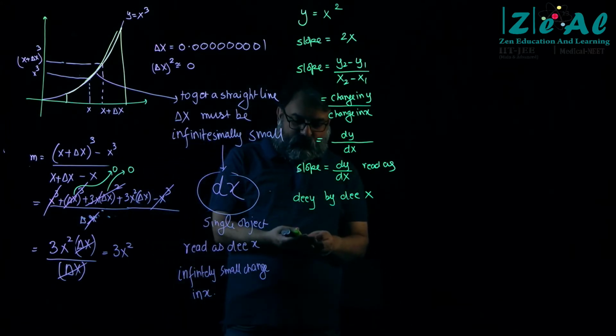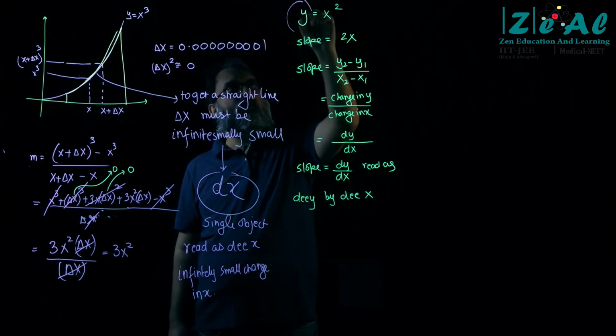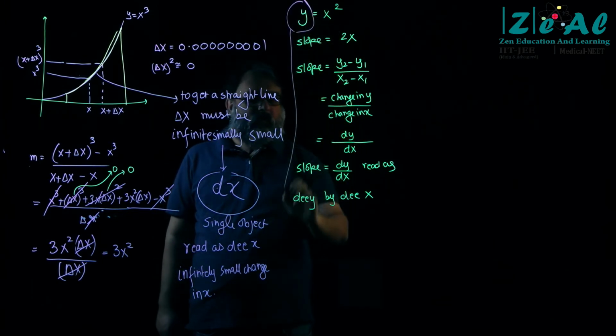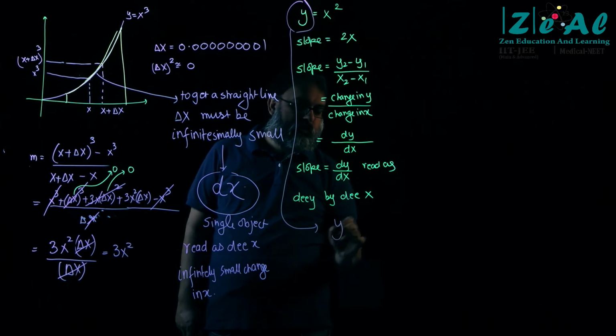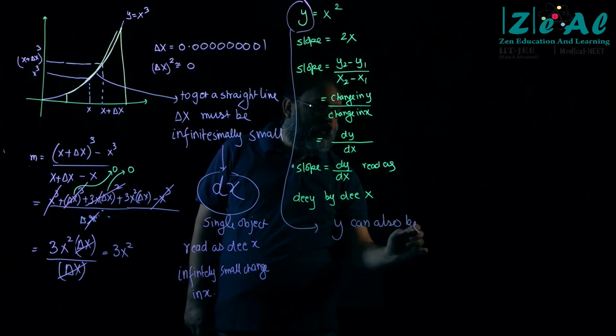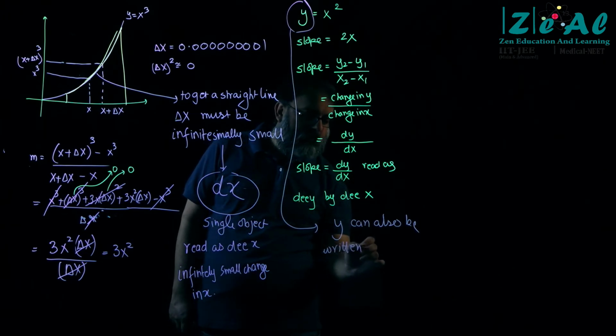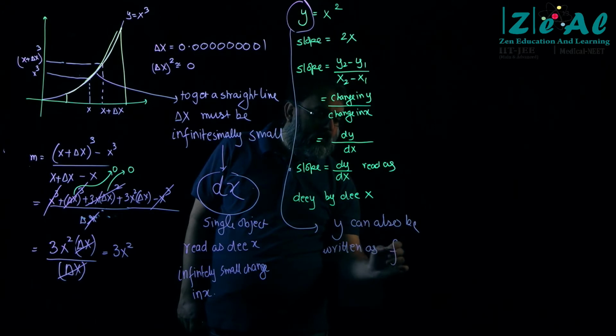So instead of y, we can use, y can also be written as this guy.